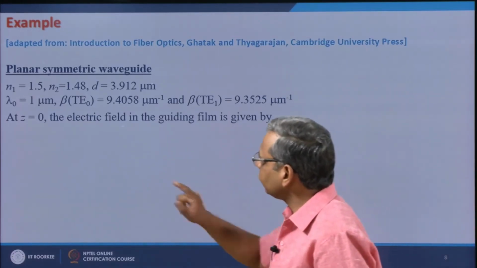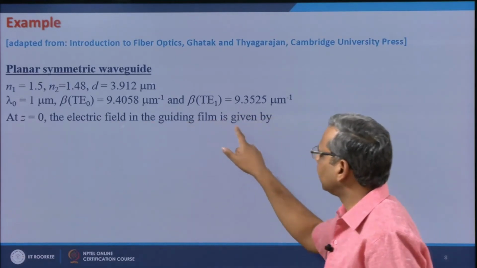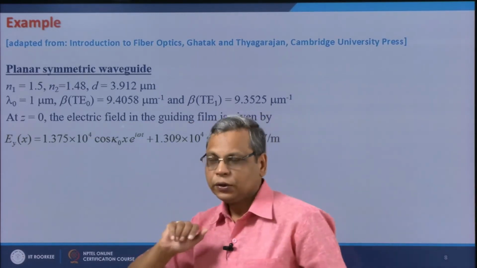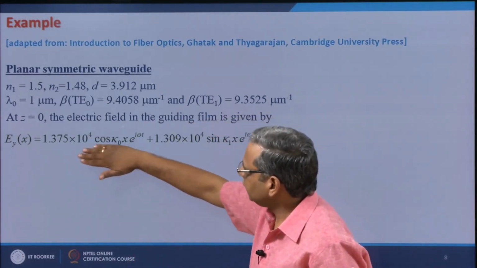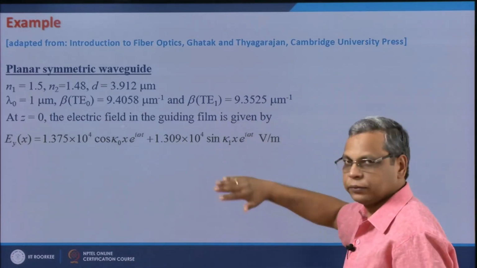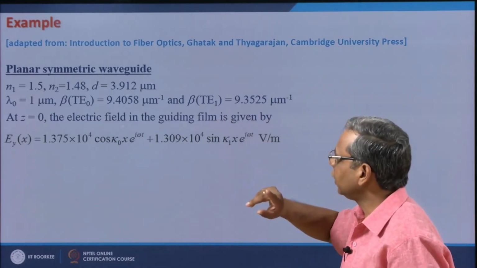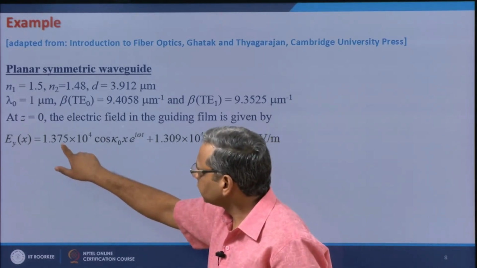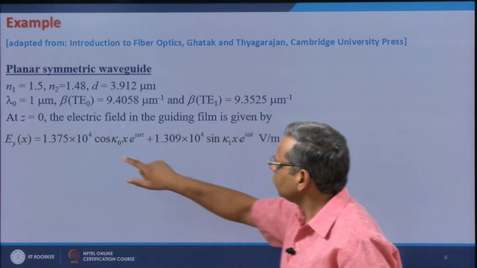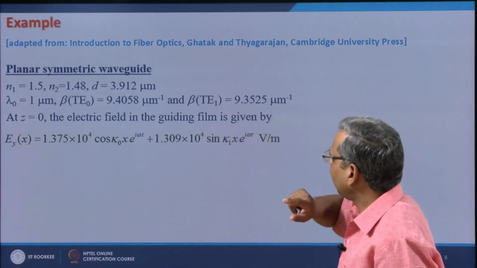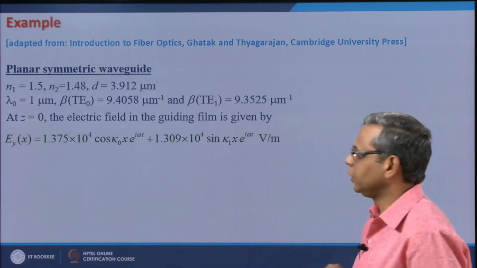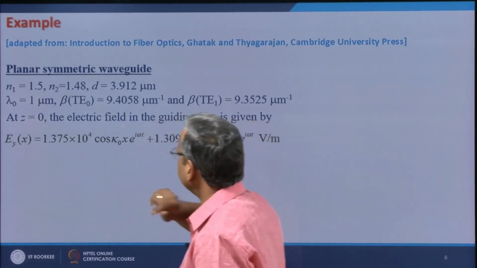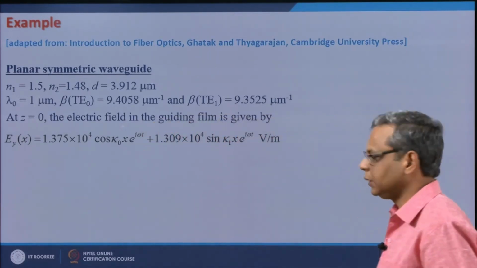If at z equal to 0, the electric field in the guiding film is given by this, you see I have TE0 mode and TE1 mode, and at z equal to 0 I excite both the modes with different amplitudes. The TE0 mode is excited with this amplitude and the TE1 mode with this amplitude. So, the total field at z equal to 0 is this much volts per meter.